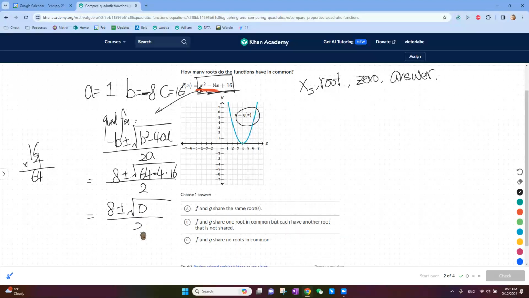Okay, and then we have a 2. So in here I actually just have 8 over 2. What's 8 over 2? 8 over 2 is 4. There we go. So our final answer is just 4.